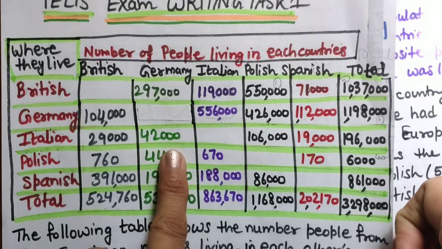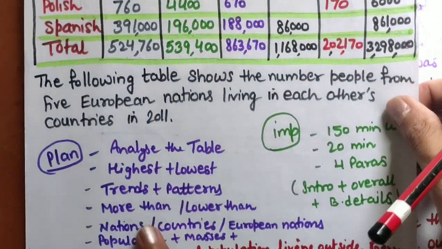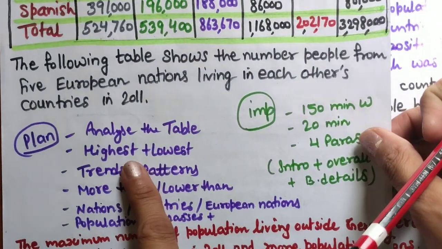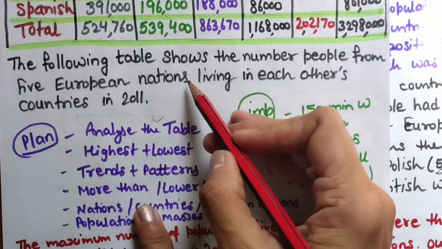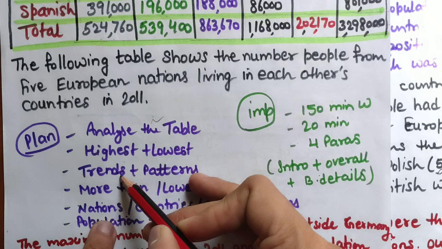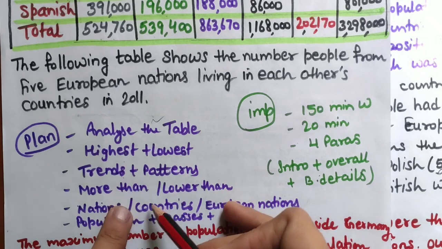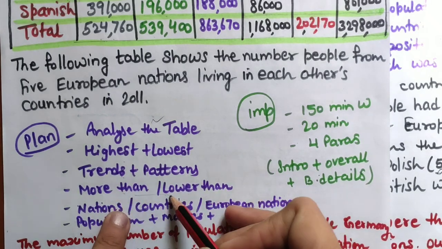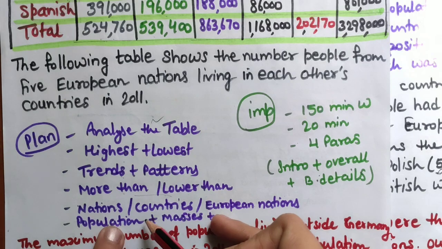Another thing I would like to tell you: whenever you get a writing task 1 question, always read the question statement, analyze the table, and find the highest and lowest and any trends and patterns. You have to use words like more than and lower than in your writing.